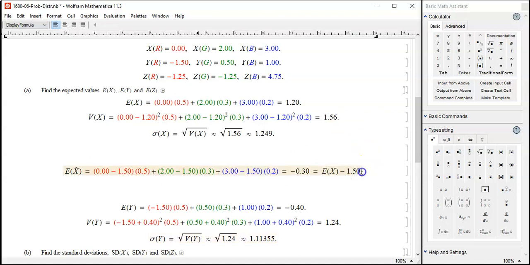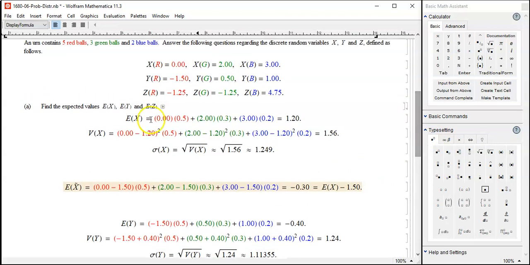How about this game? From game X, I just inserted the price to play the game, negative 1.5. It turned out that it doesn't matter whether I subtract 1.5 first from each payoff and do the expected value computation, or subtract it later. Now, what do you think will happen to the standard deviation?